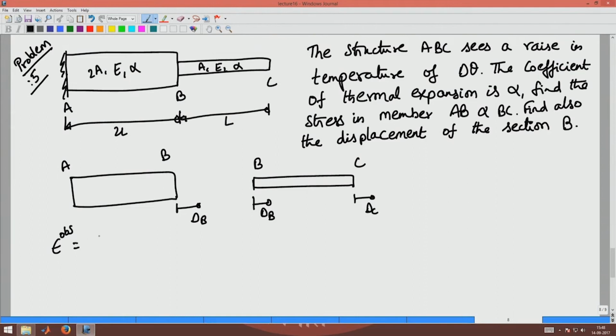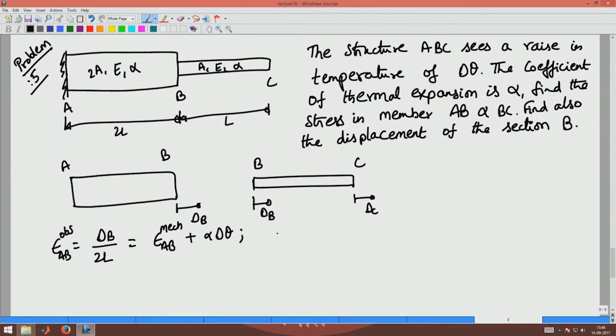Observed strain would be delta B by 2L, the length of the member. This will be equal to epsilon, the mechanical strain, plus alpha delta theta, which is the thermal strain along the axial direction for AB. This is mechanical strain in member AB.